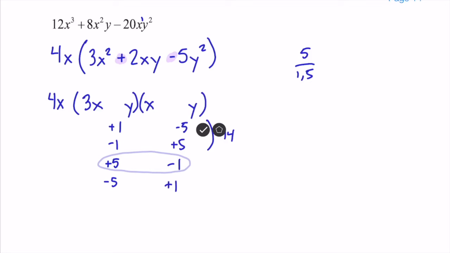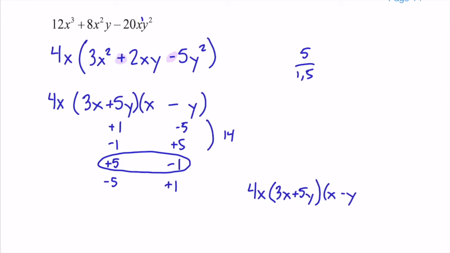Because 5 times the x gives me 5xy, and then the 3x times the negative 1y gives me negative 3xy. So 5 minus 3 gives me positive 2. So I'm going to have plus 5y minus y. So my end result is 4x times 3x plus 5y times x minus y.